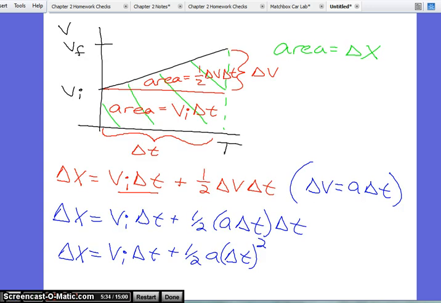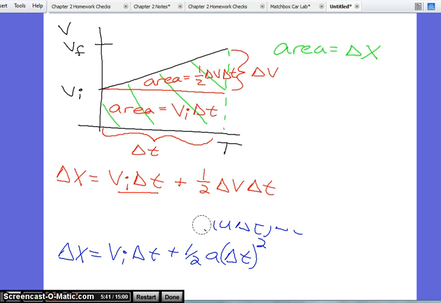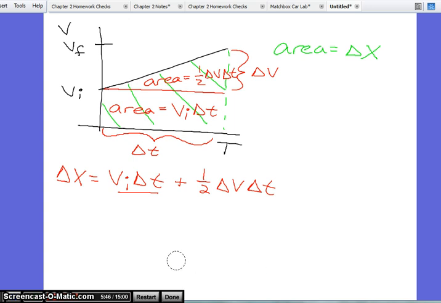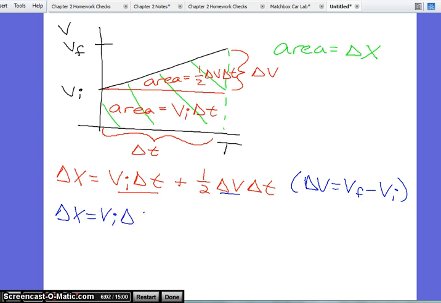Now we can go back here though, and if we look at this equation, we can also write delta v as vf minus vi. And so now, instead of writing delta v, let's write it as vf minus vi times delta t.